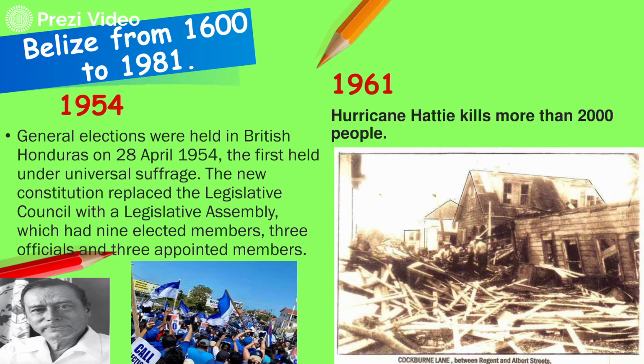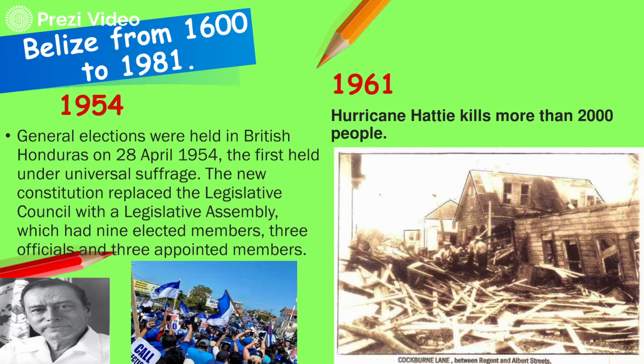It was the first election held under universal adult suffrage. Boys and girls, let me explain that universal adult suffrage came into effect in 1954, whereby all adults at the age of 18 were able to vote.